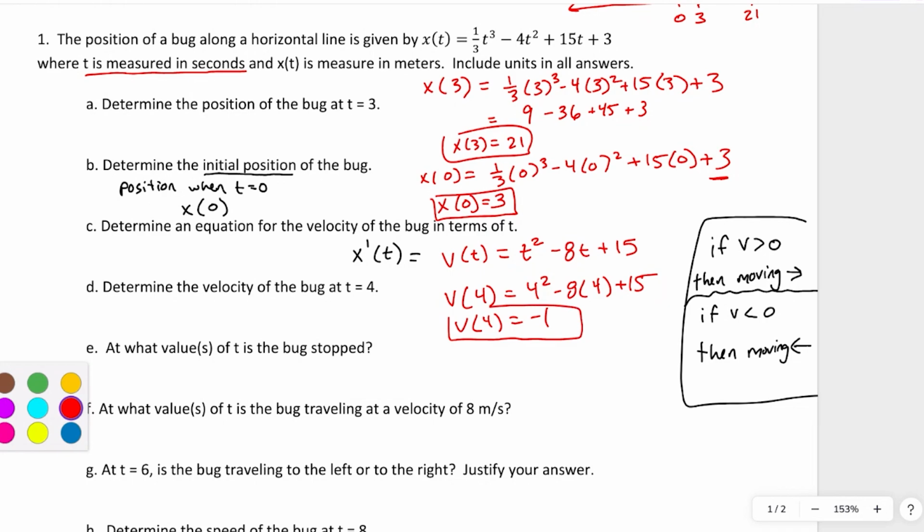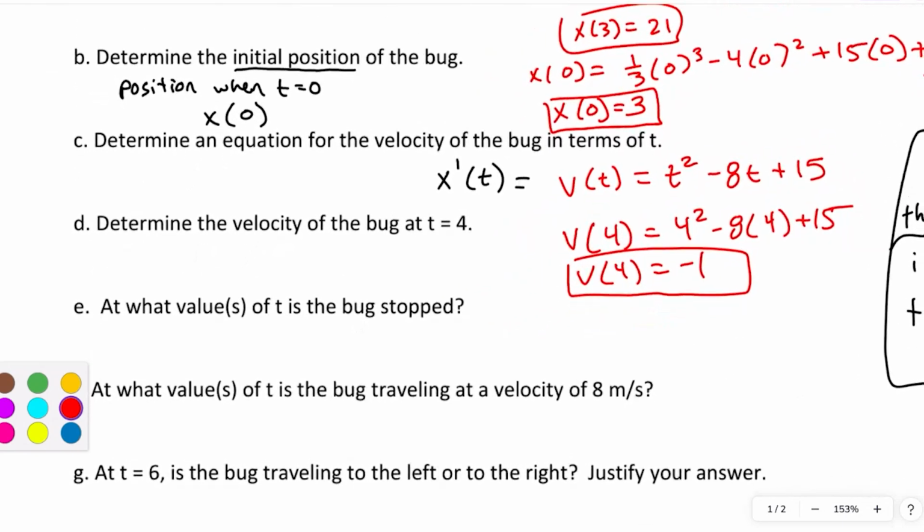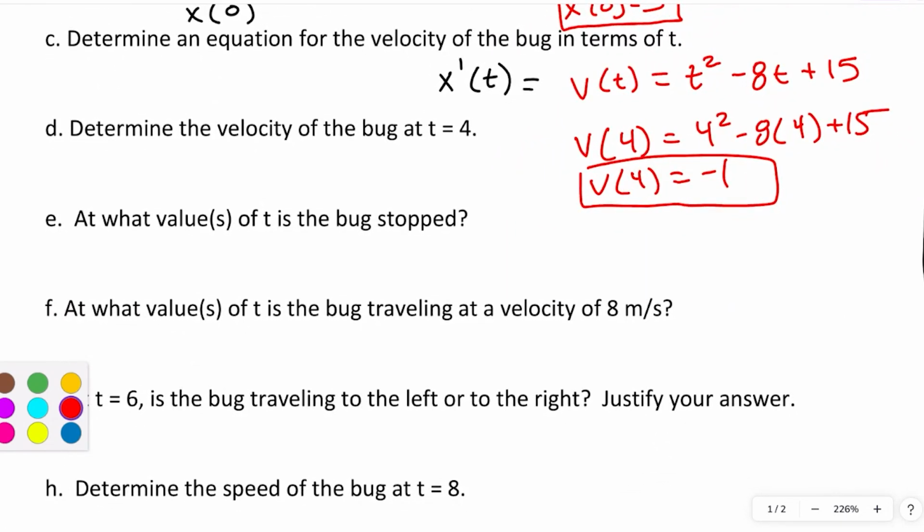All right, so part E, and sorry for not giving you more space on here. The spacing definitely could use some work on this worksheet. But at what value of t is the bug stopped? Okay, so we know the bug is moving to the right if the velocity is positive, and it's moving to the left if the velocity is negative. What's going to be true about the velocity if you're not moving left or right?